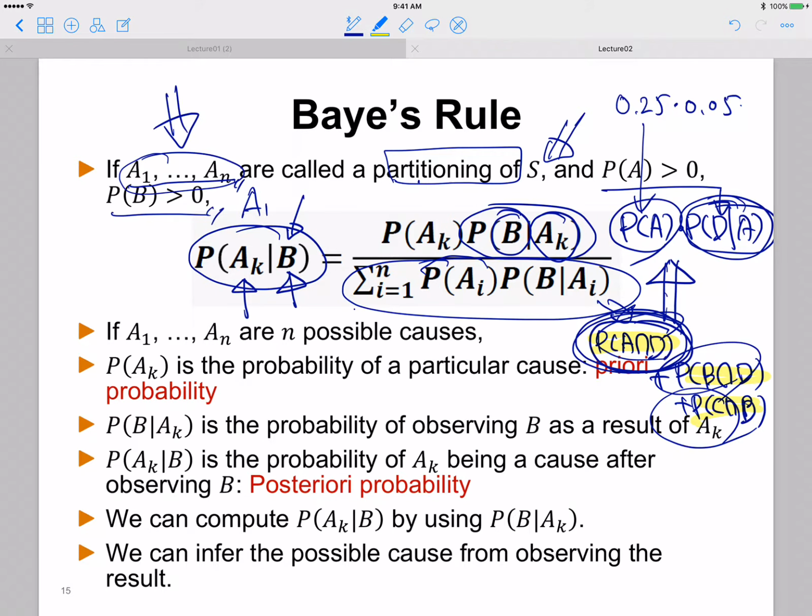And then in general, for these three different cases, they are represented as a single term by having this summation mark. Okay. So the denominator follows the natural order, and the probability on the left hand side is the probability following the reverse order.